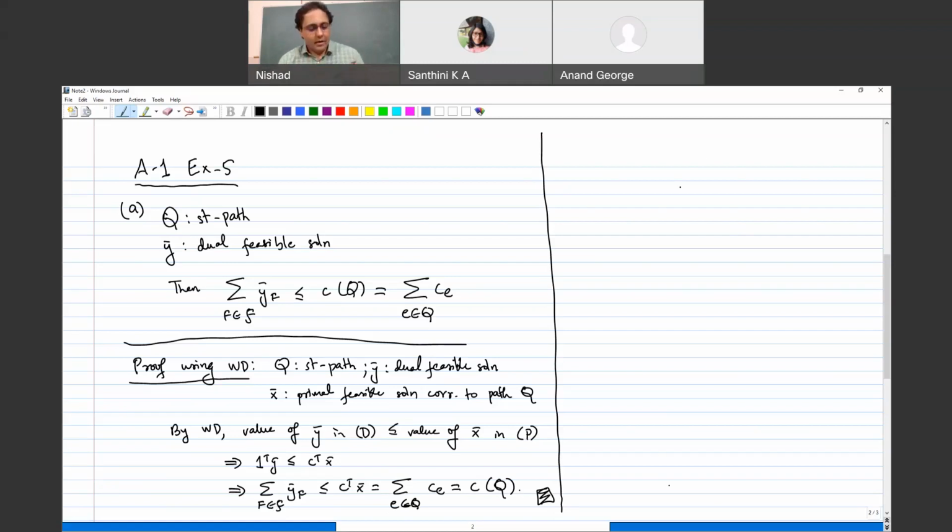All right. Okay, so now we are going to use weak duality for our algorithm, and we are also going to use complementary slackness, right? So let's move towards complementary slackness. Let's try to think about what the complementary slackness conditions tell us in this particular case.